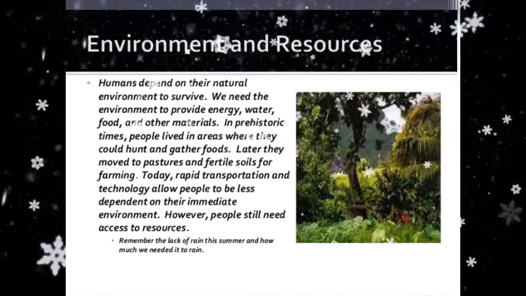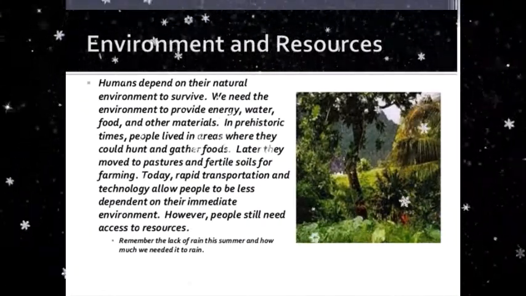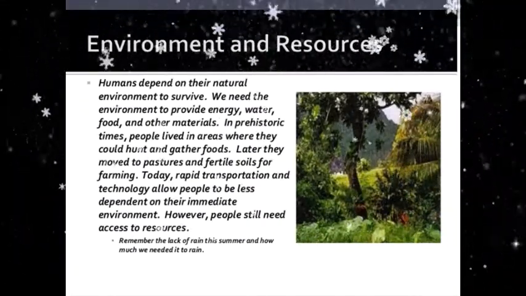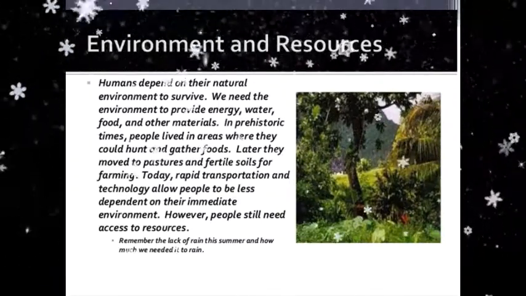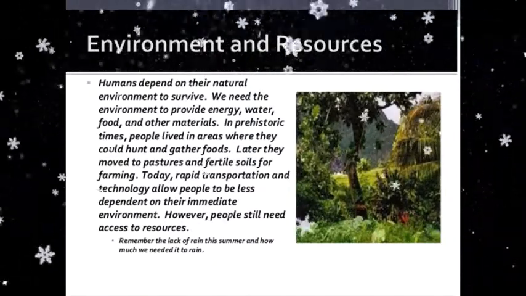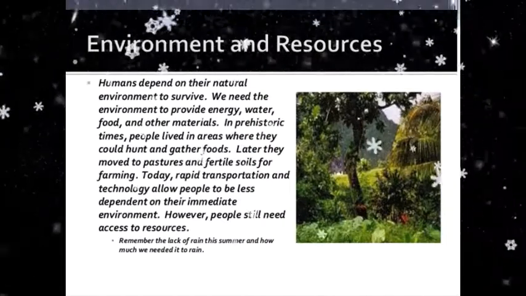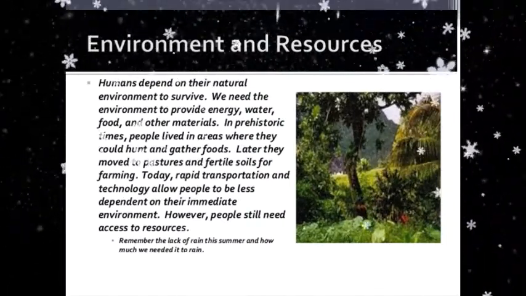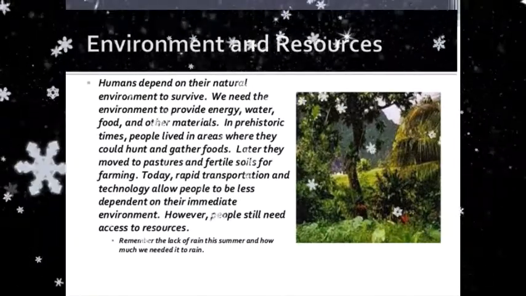You can compare this to prehistoric times, when people lived in areas where they could hunt and gather food. That was one way of surviving, right? Later, they moved to pastures and fertile soils for farming, planting vegetables and fruits as their food resources in order to survive.